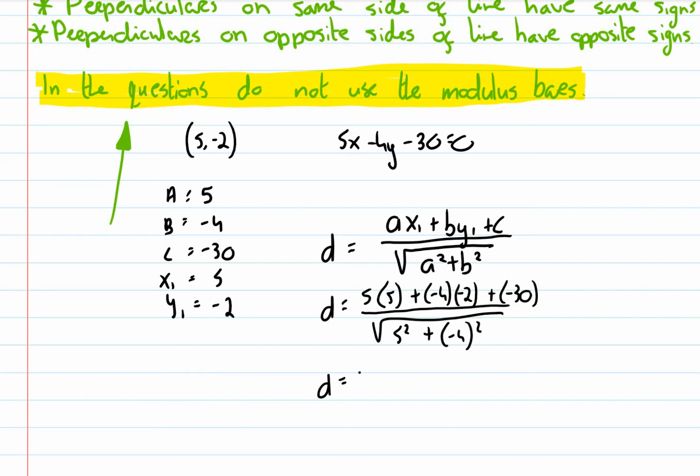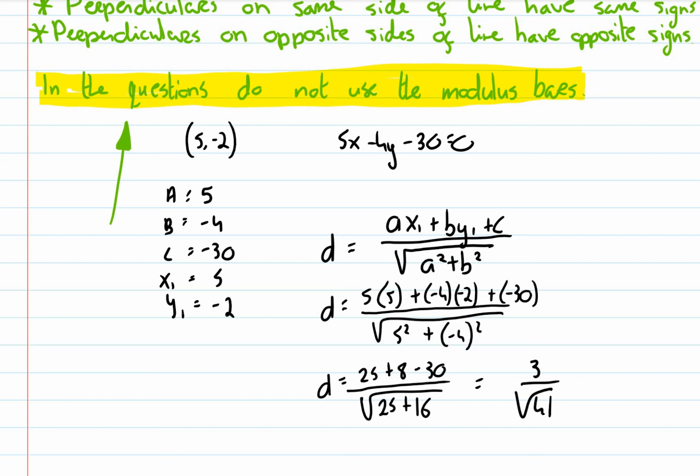That will give me 25 plus 8 minus 30, all over the square root of 25 plus 16, and that will give me 3 over the square root of 42.